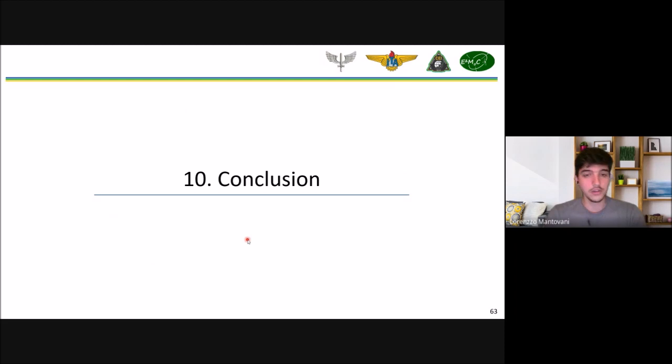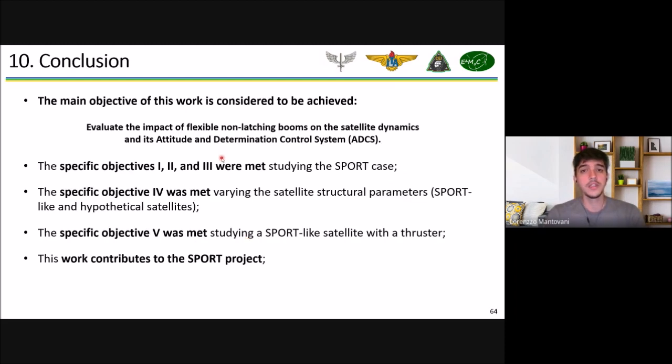So now, in conclusion, we consider the main objective of this work to be achieved. So we could evaluate the impact of flexible non-latching booms on satellite dynamics and its attitude determination and control system. Also, specific objectives 1, 2, and 3 were met, studying the SPORT case. Their objective was to analyze the impact of rigid and flexible non-latching booms on the ADCS and compare them.